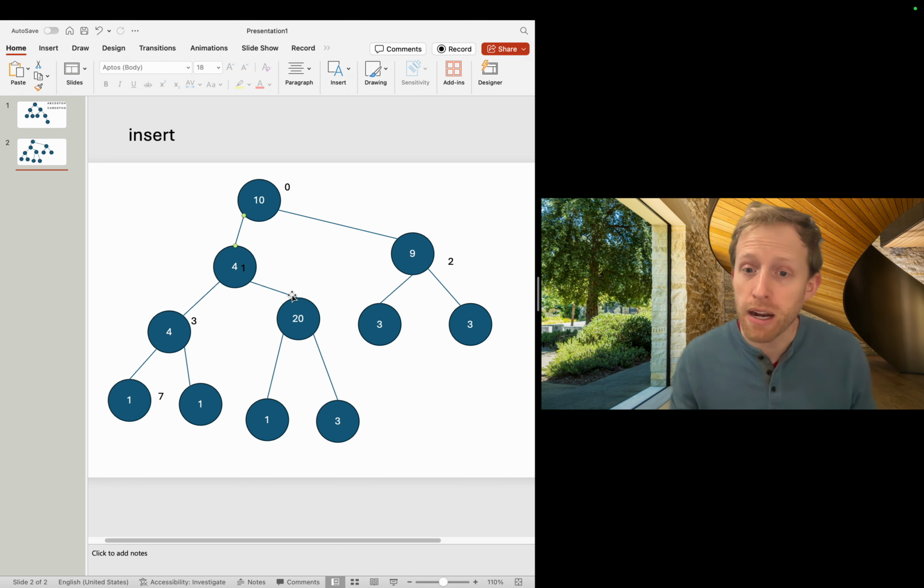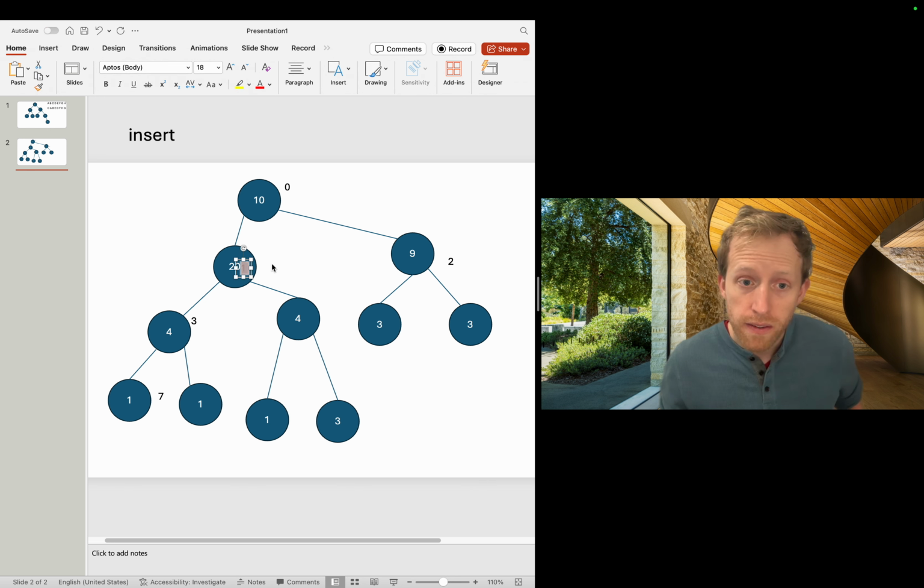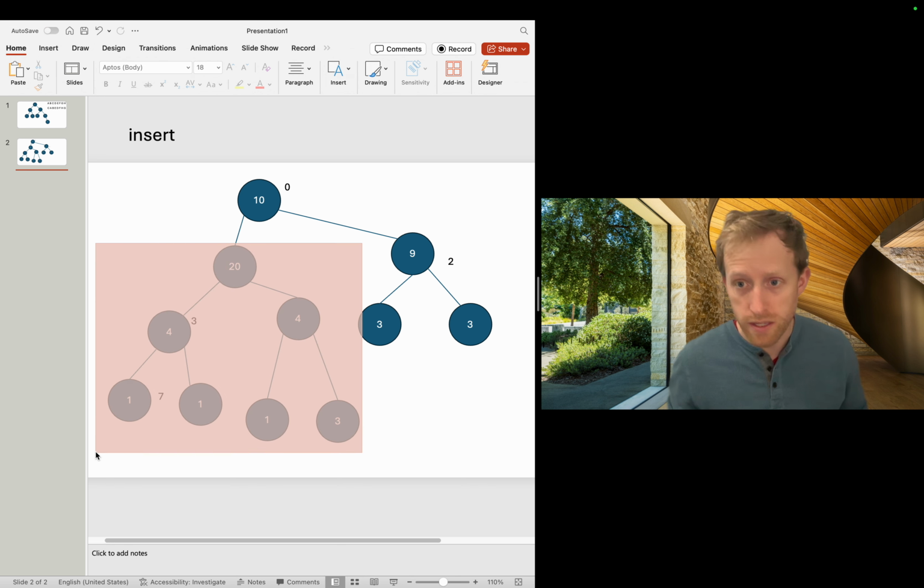So we do the same process. We would take this 20 and we swap it with a 4. And now this subtree is also once again compliant, right? This whole subtree is once again compliant.